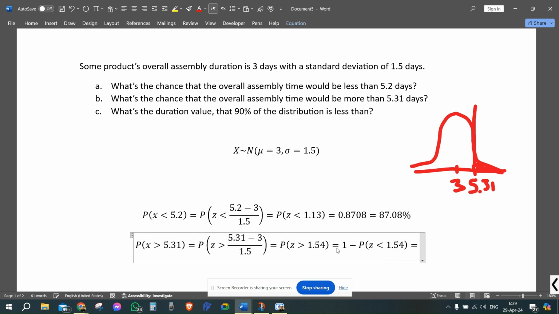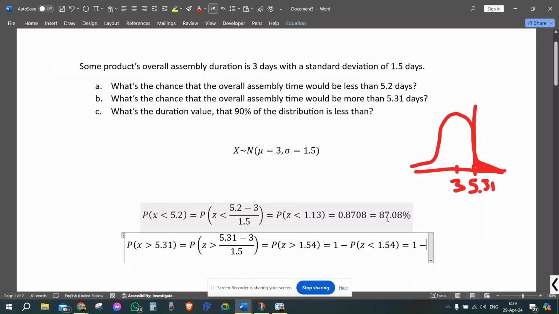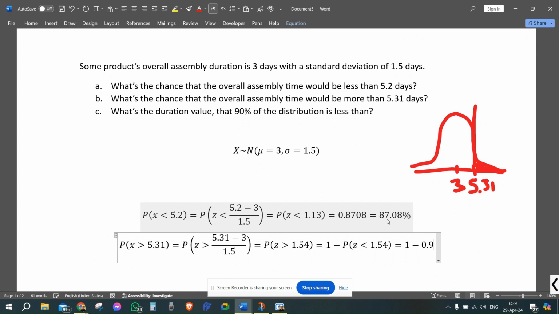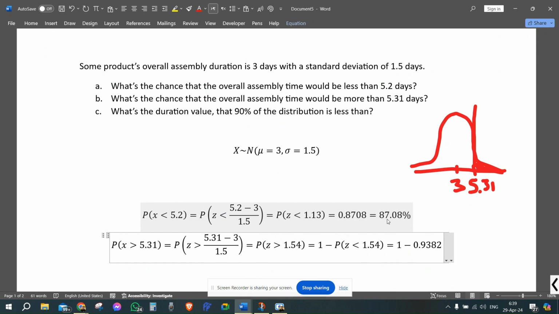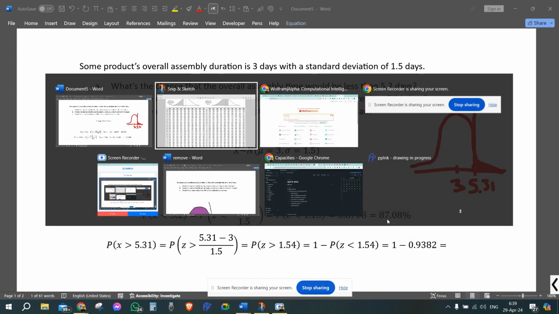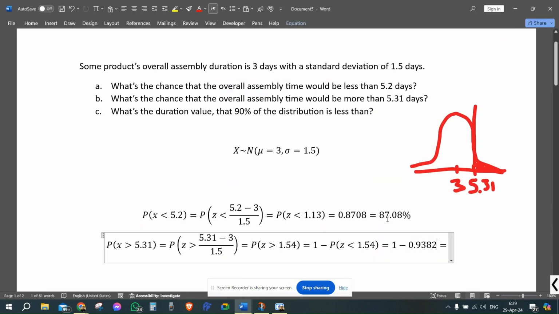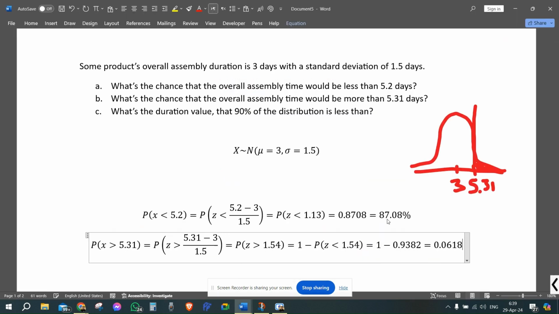So this is basically the manipulation we're doing. So we have 1 minus, and 1.54 would be 1.5, and we go all the way to 93.82. So basically, we're looking for 1 minus 93.82. And that gives us 6.18%. So we have 0.0618 or 6.18%.